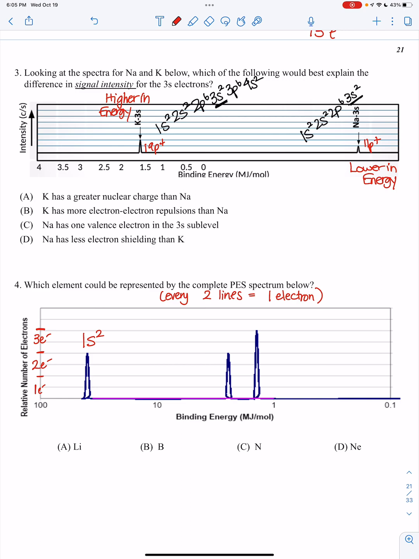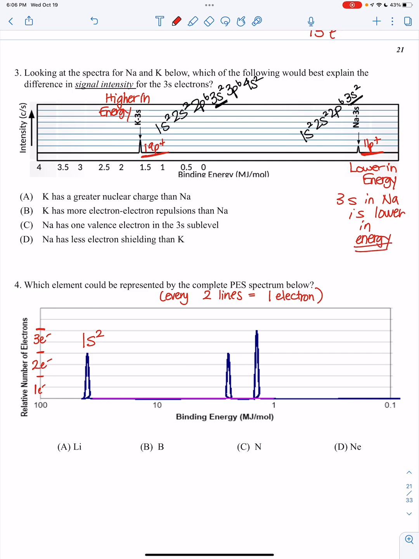To remind you, potassium has 19 protons, sodium has 11 protons. What's also being told is that the 3s in sodium is lower in energy. That's why it's all the way to the right.